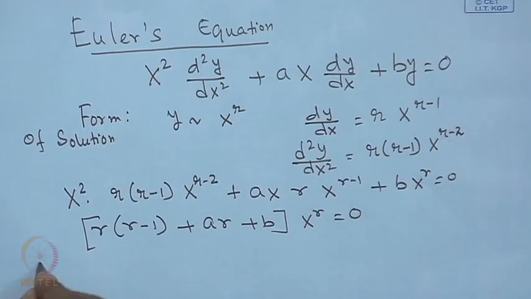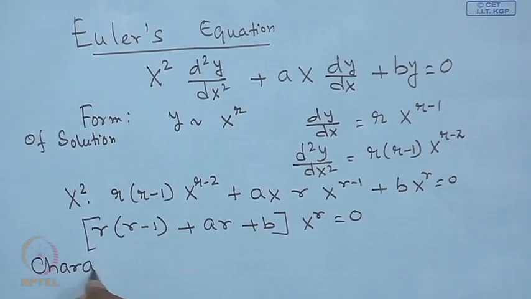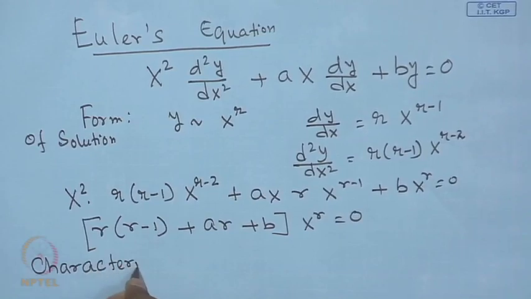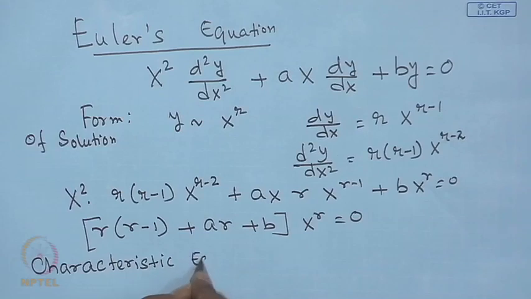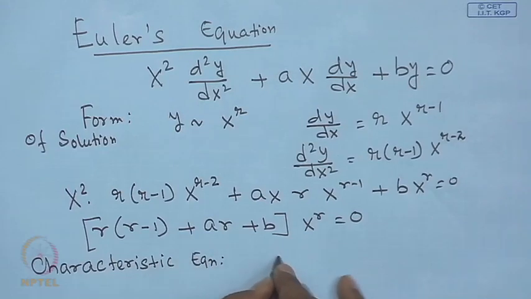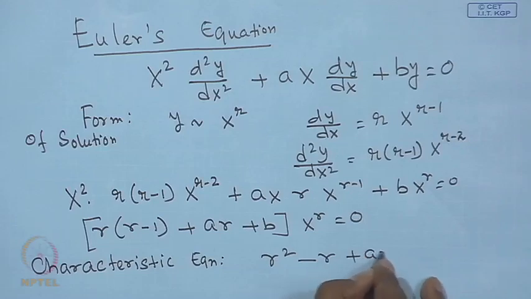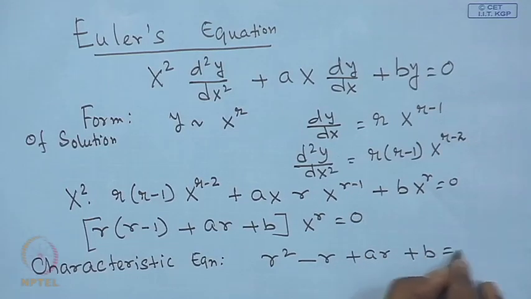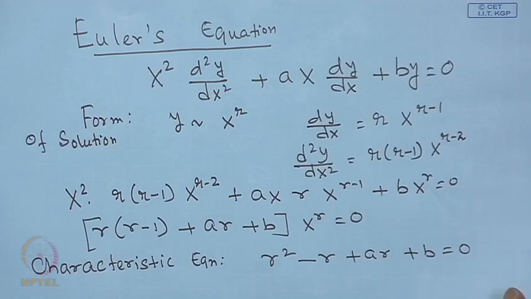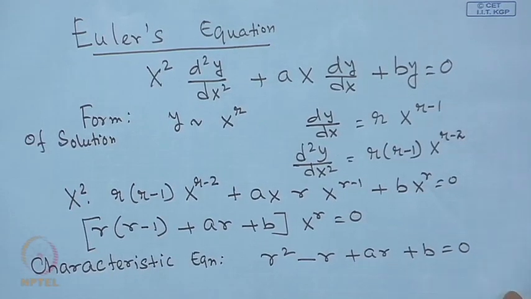So, the characteristic equation we get is r square minus r plus a r plus b is equal to 0. It is a quadratic in r. So, there are two roots, and each root corresponds to a solution.